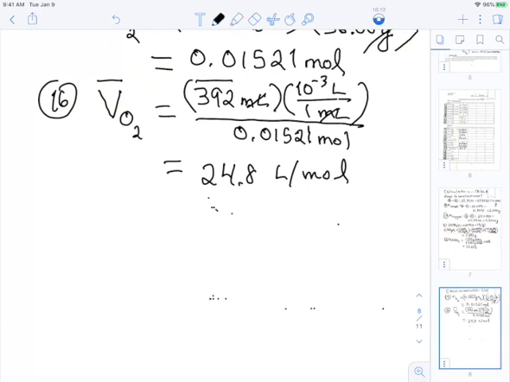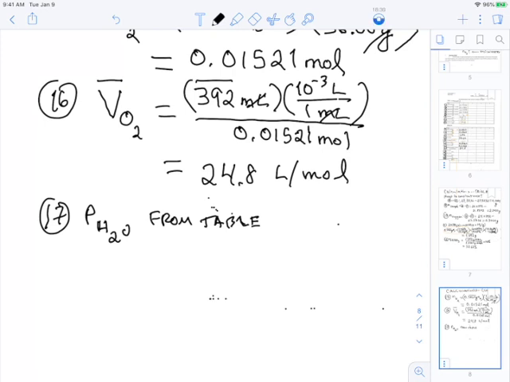And Susan's data is going to be interesting. We're going to have to get this from the table. And this table, I believe, is on page 14 of your lab manual.